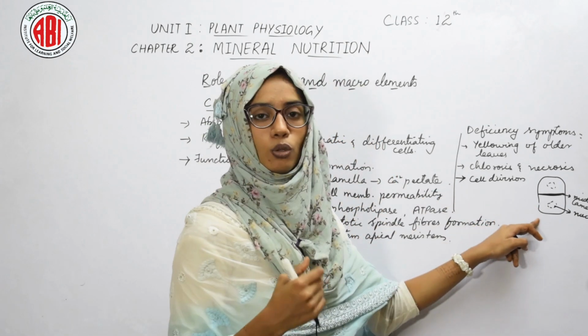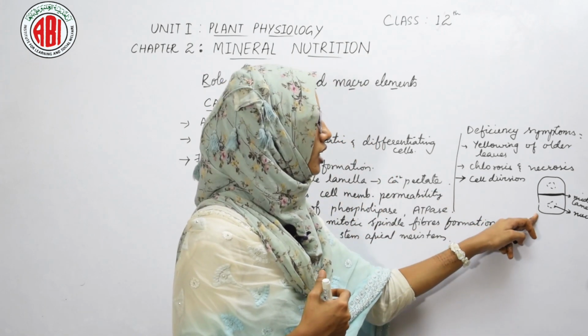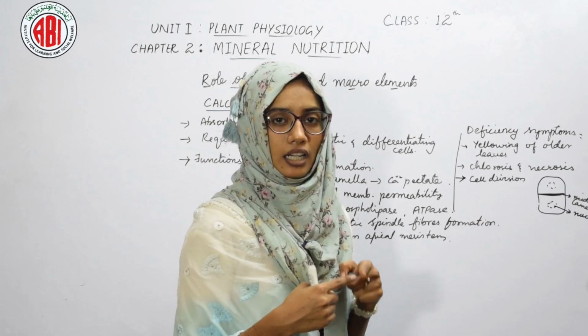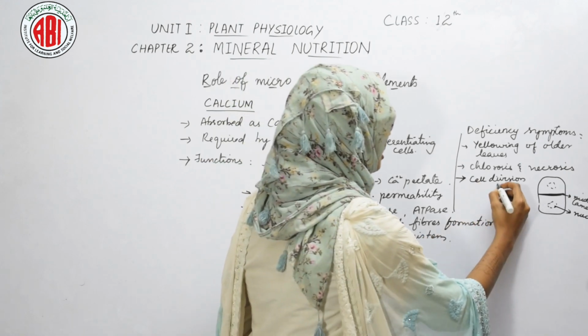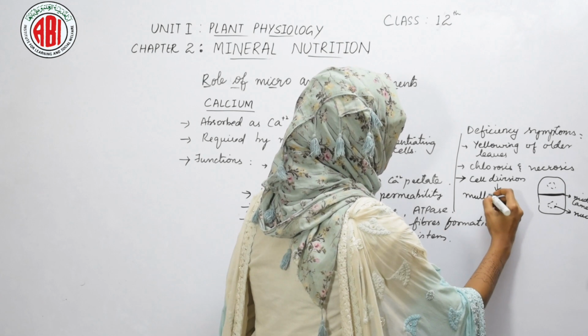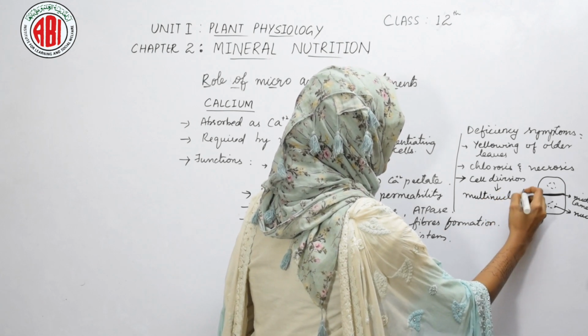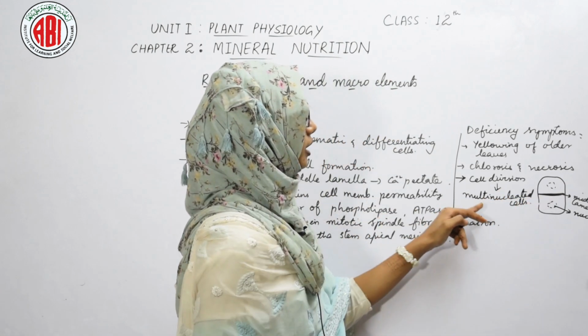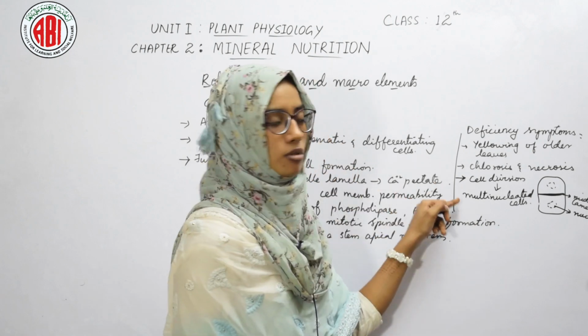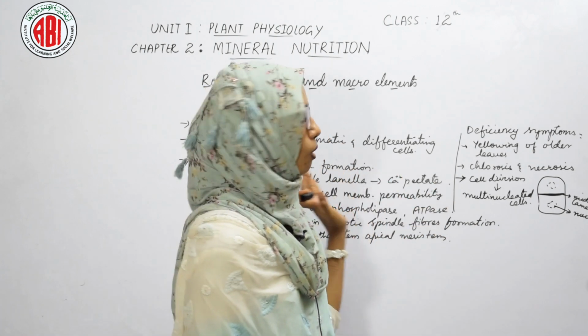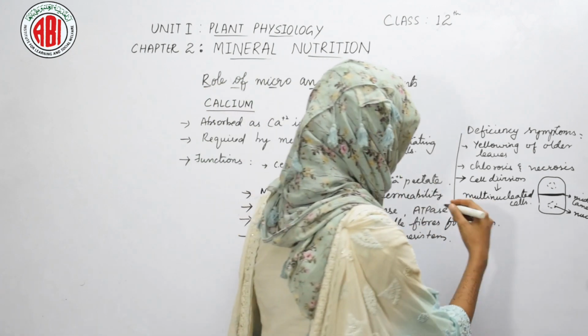That means the nucleus divides continuously, and it results in the formation of a multinucleated cell. Multinucleated cells are formed due to the deficiency of the element calcium.